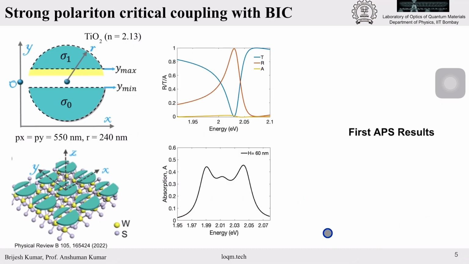As well, in the last APS I presented the reproduced result of this cavity, which is taken from this paper. They take TiO2 material and form an asymmetric disk.